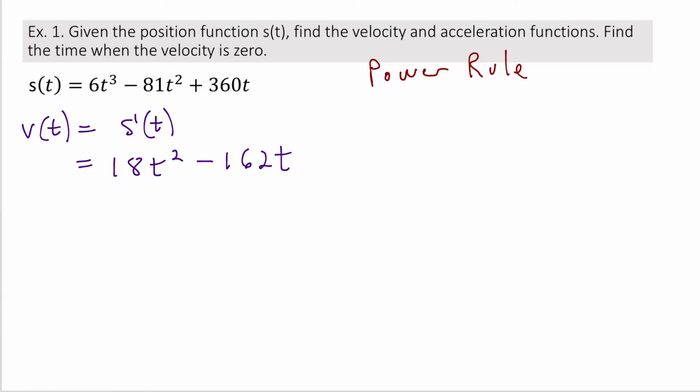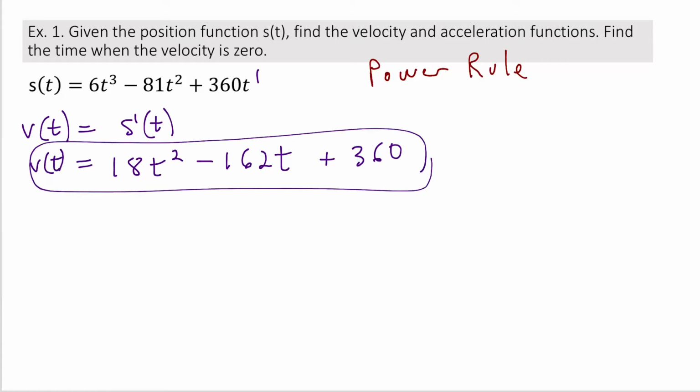If I differentiate 360t to the first power, I've got 1 times 360, and then t to the 1 minus 1, which is t to the 0, which we don't write because that goes to 1. So this is my velocity function here.